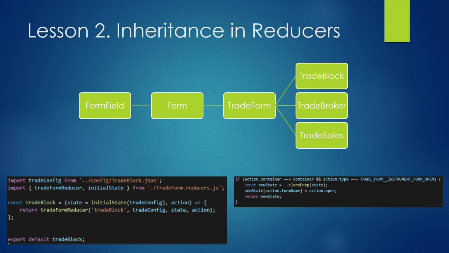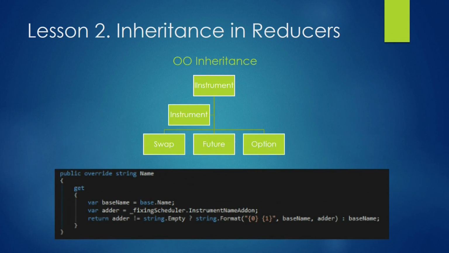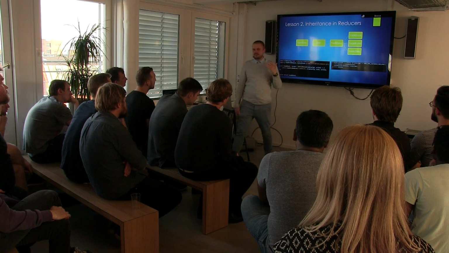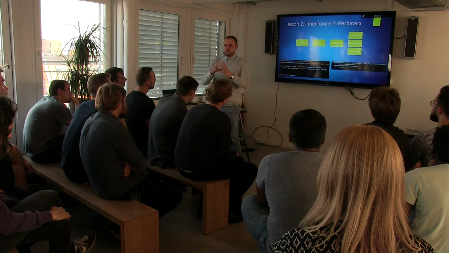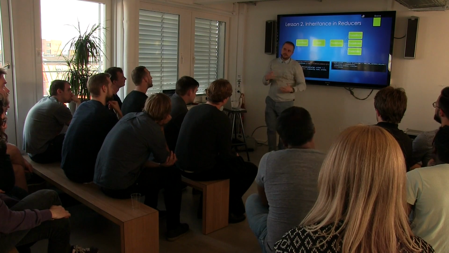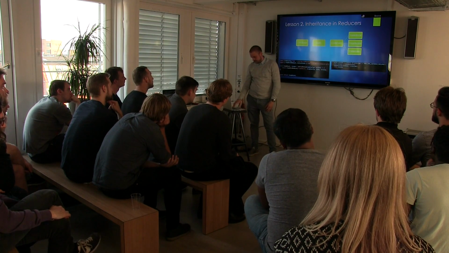What it means is, if it gets an action, it might do something, or it might call its parent. To me that is very similar to C# code where you say I'm going to return a name: I get the base name, add something to it, and return that. This is something I find myself doing a lot: I do some generic implementation, and then I extend it with my specific things.